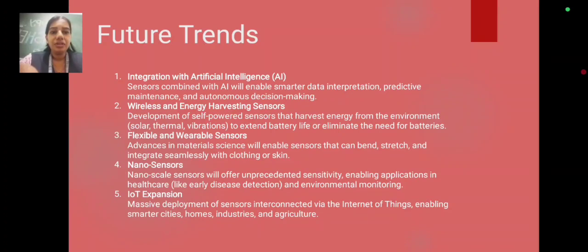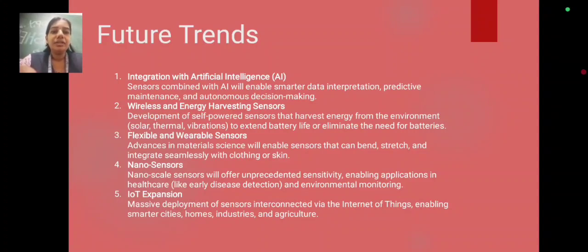Future trends of sensors are integration with AI, that is artificial intelligence, then wireless and energy harvesting sensors, next is flexible and wearable sensors, next future trend is nano sensors, and last is IoT expansion.